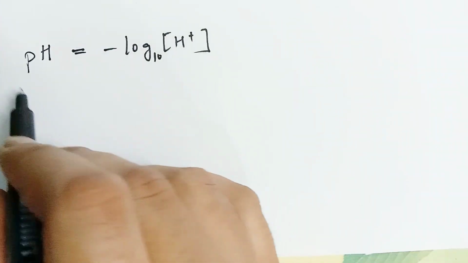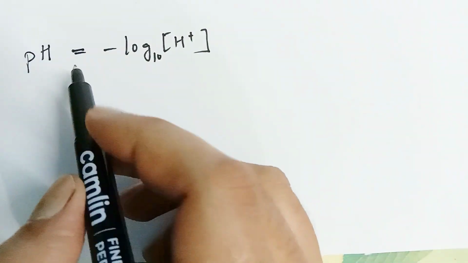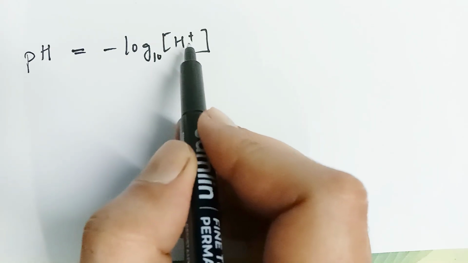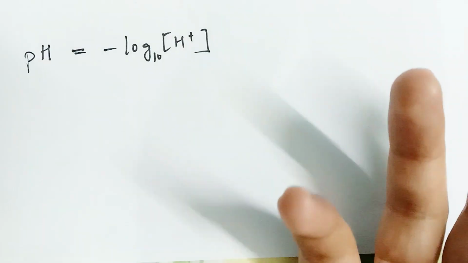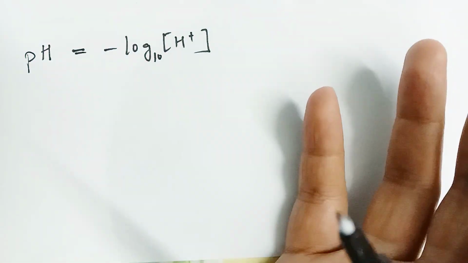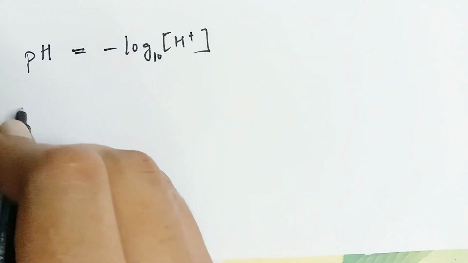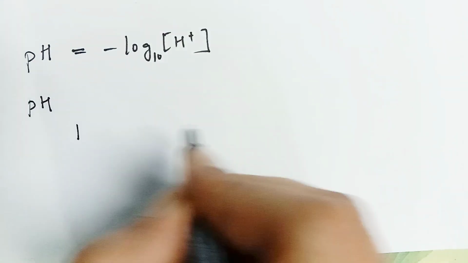Now, next is what is pH? pH is defined as the negative logarithm of hydrogen ion concentration expressed in moles per liter of the solution. But what do we do with the definition? What does the value of pH mean? pH generally has a value from 1 to 14.